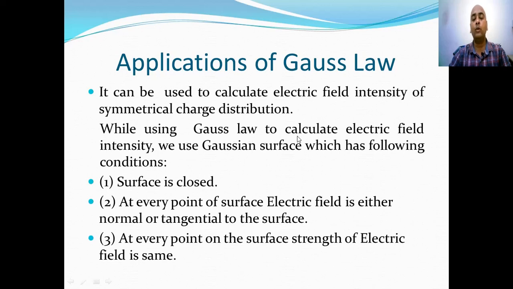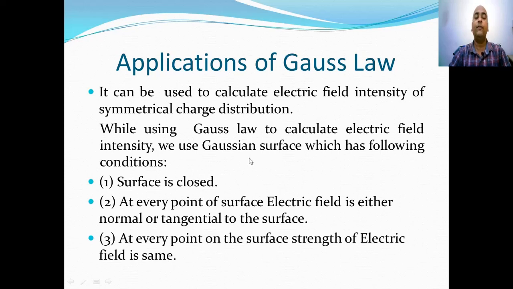While using Gauss law to calculate electrical field intensity, we use a Gaussian surface which has the following conditions. A Gaussian surface is basically a hypothetical surface which is just used to calculate the electrical field intensity at the surface.